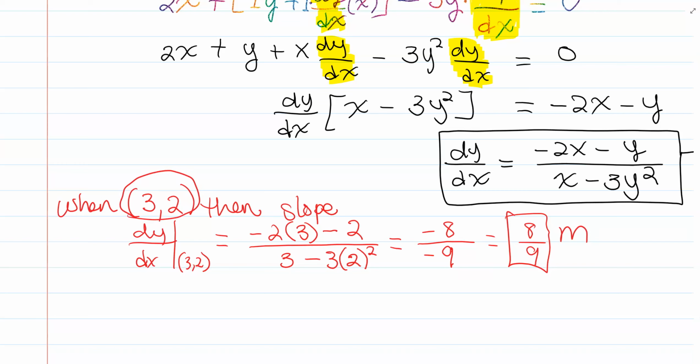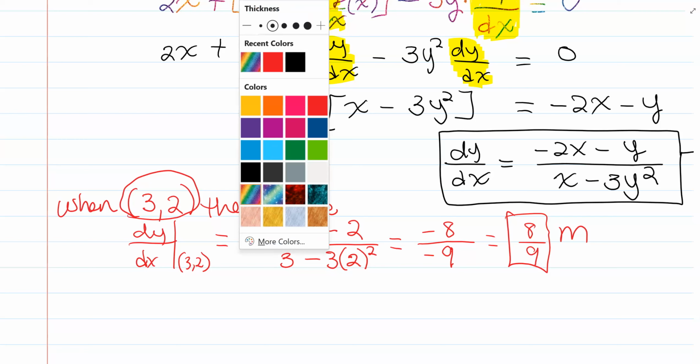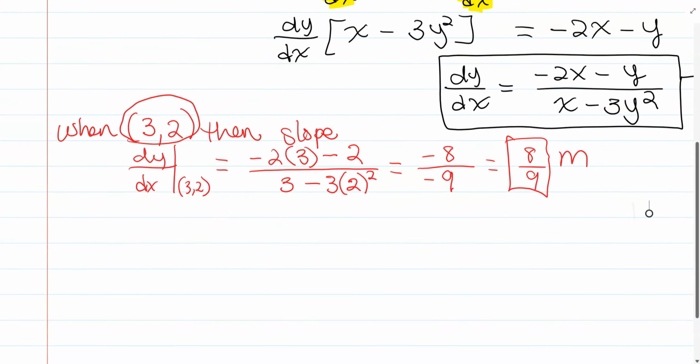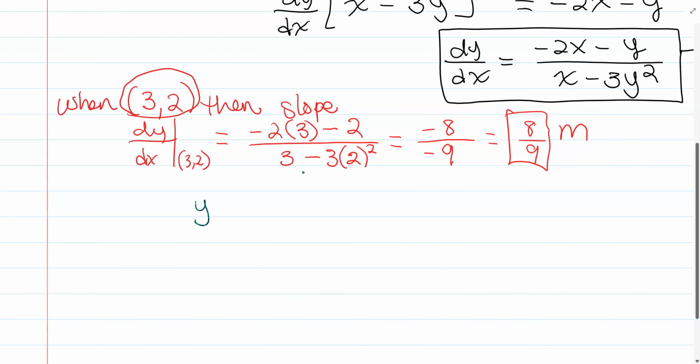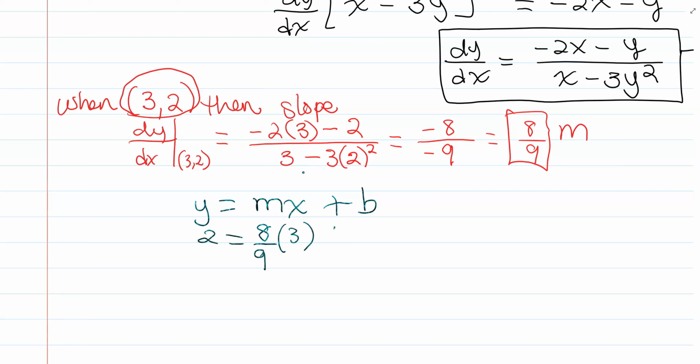So now we can go ahead and find the equation of that tangent line. We would say the equation is y equals mx plus b. m is 8 over 9, x is 3, y is 2, plus b. 8 times 3 over 9, 9 divided by 3 is 3, so you have 8/3.